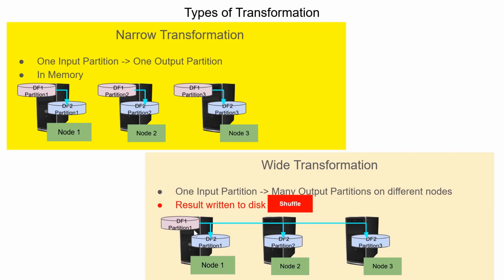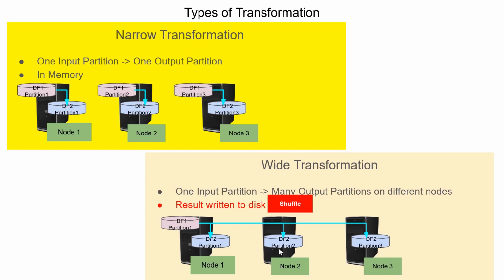So it might result that while getting the data from one data frame partition as an input, it might create more than one partition, and those output partitions might end up going to different nodes.